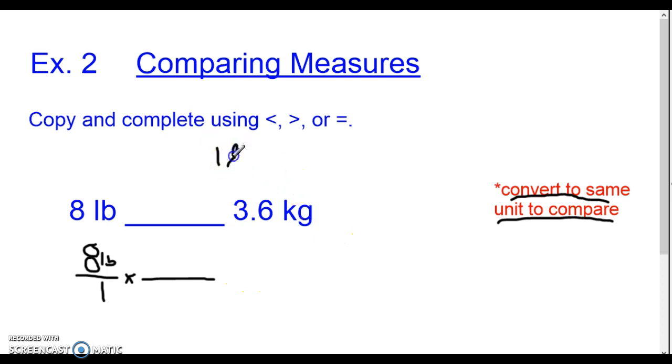1 pound equals 0.454 kilograms. If it's easier for you to multiply, you could have done this one to pounds instead. So then right here I have to put 0.454.